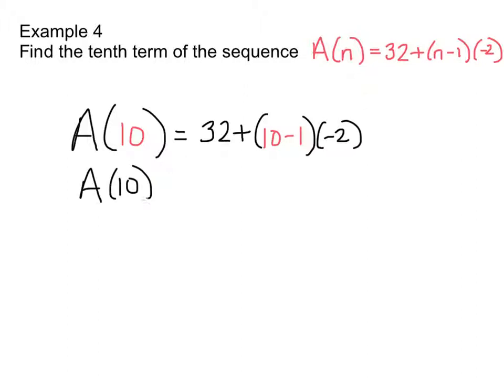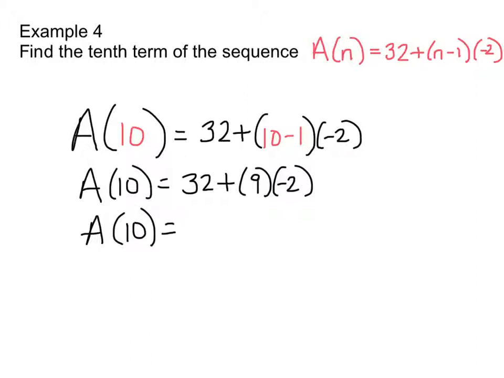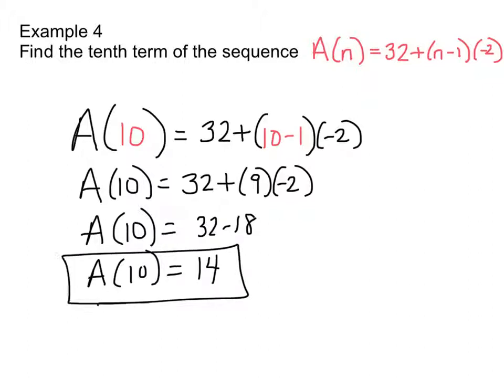A of 10 equals 32 plus 9 times negative 2. That would give me A of 10 equals 32 minus 18, which would give me the 10th term of 14. Notice how I wrote this. You must write it like this. The 10th term of the arithmetic sequence, that's why it's A, is going to be 14.